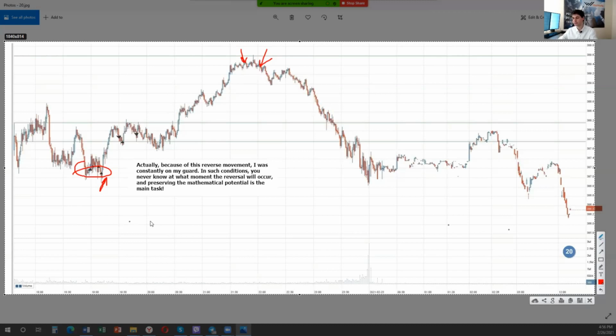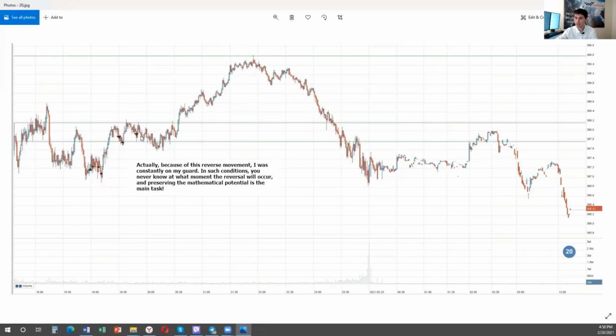So in real trading, most will buy here, and here he expects that trend will follow. So this fixation is not a problem. The main goal, your mathematical part.